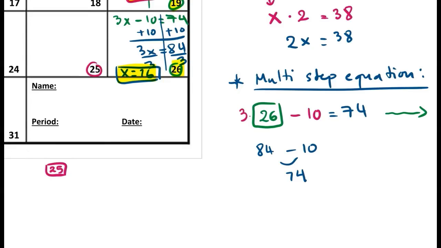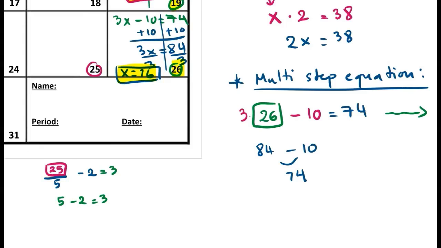Alright, 25 I prefer to divide it by 5 and then maybe subtract 2. Alright, 25 divided by 5 will give me 5. Minus 2 will give me 3. So that equal to 3.